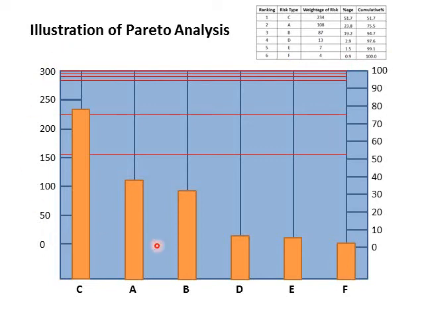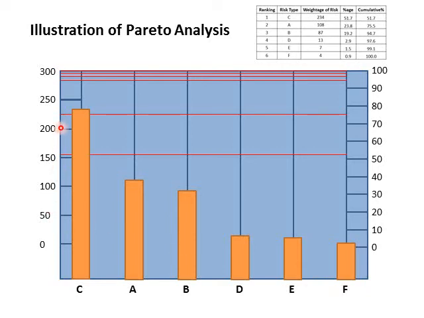As far as the chart is concerned, the x-axis includes the risk type according to the rank. So C is rank 1, A is rank 2, B is 3, D is 4, E is 5, and F is 6.